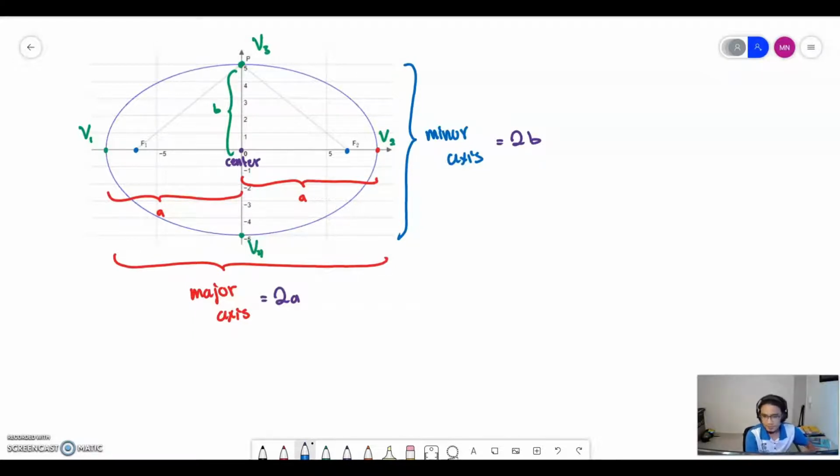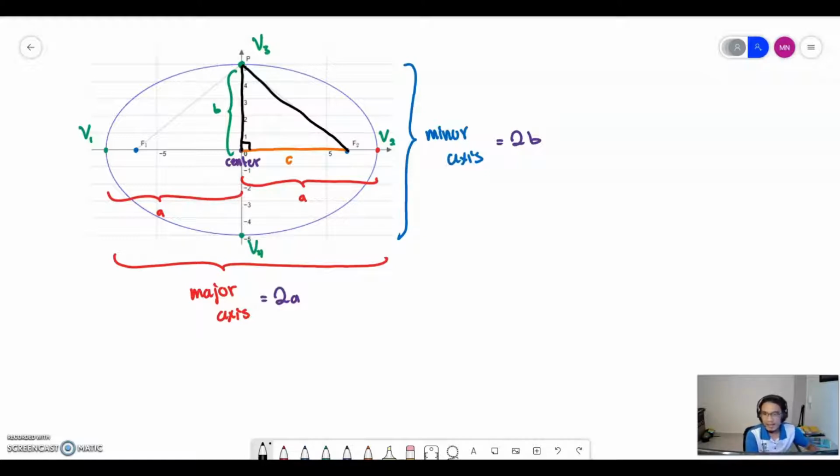The length from the center to the focal point will be indicated by the letter c, and as we can see here, we will have a right angle triangle from V3 to the center and from V3 to F2.